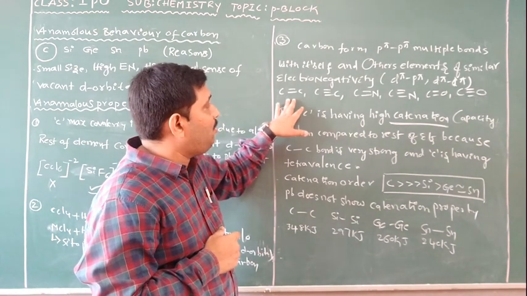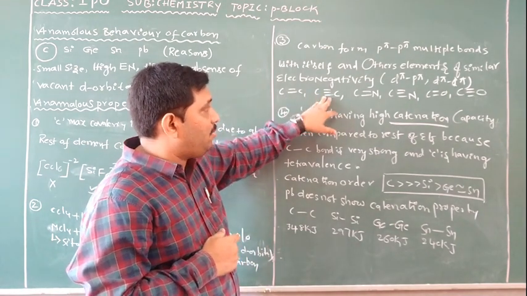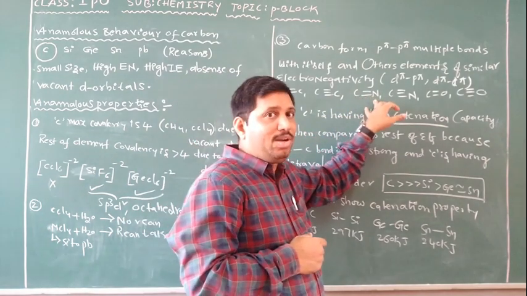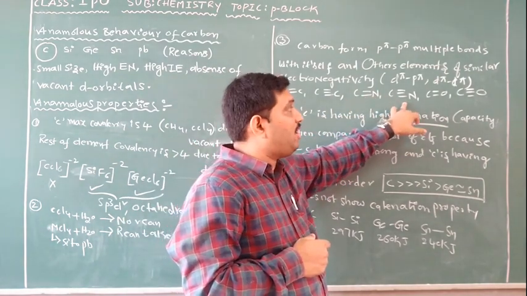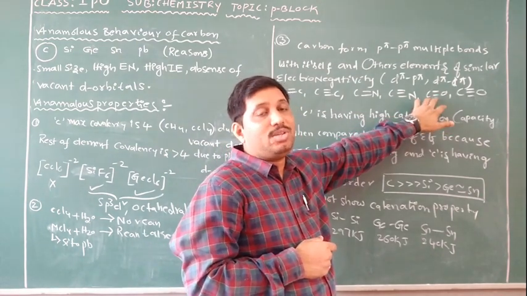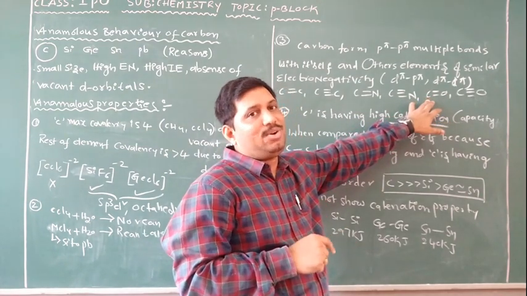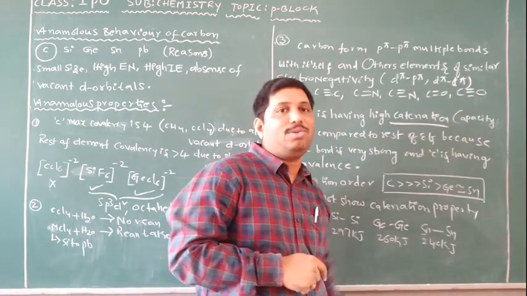For example, carbon double bond carbon, carbon triple bond carbon, carbon double bond nitrogen, carbon and nitrogen being nearly the same size, carbon triple bond nitrogen, carbon double bond oxygen, oxygen and carbon being nearly the same size and electronegativity, and carbon triple bond oxygen.